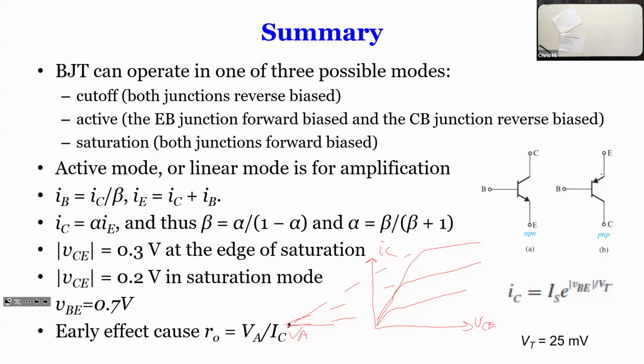So if on a problem, VCE was less than 0.3, could I say that it was in saturation? Yeah, if you got VC less than 0.3, you can say it's in saturation. Okay.